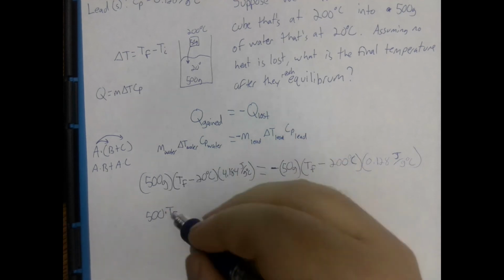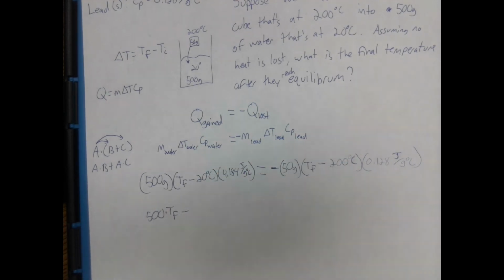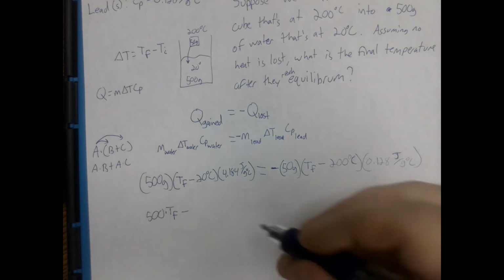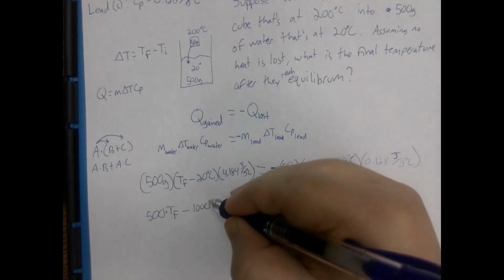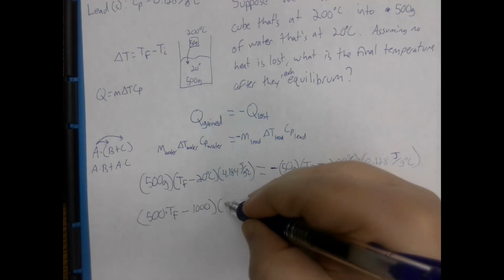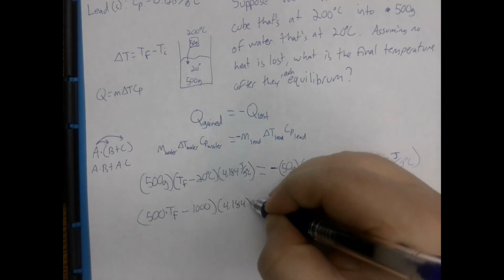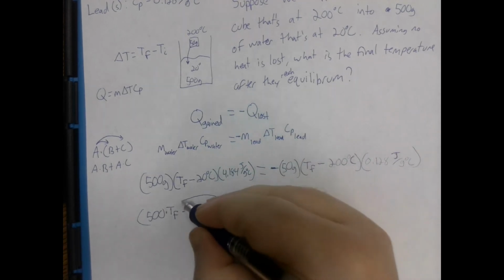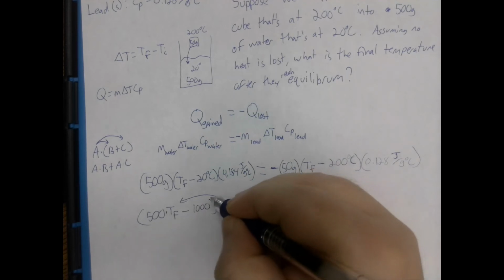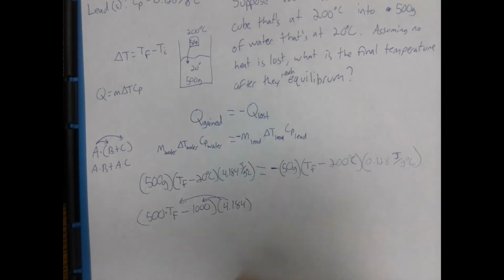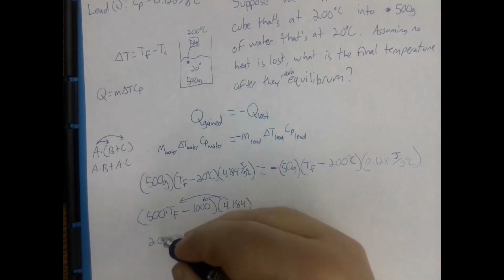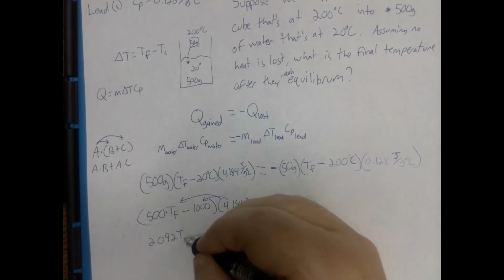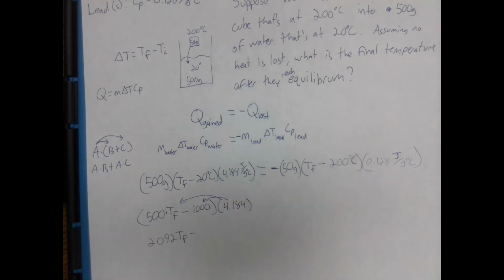And then minus 500 times 20, which is 10,000. Now we FOIL this back in over here. So 500 TF times that would be 2092 TF minus this times that.